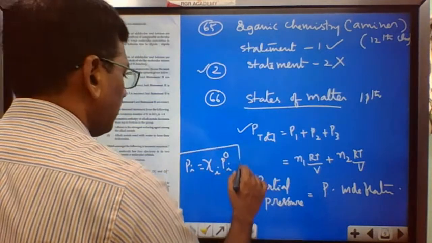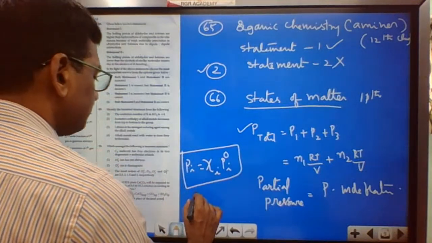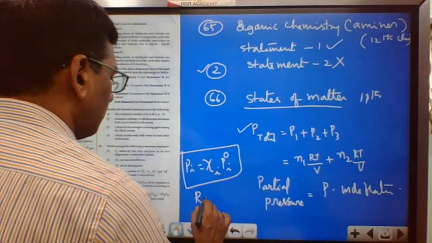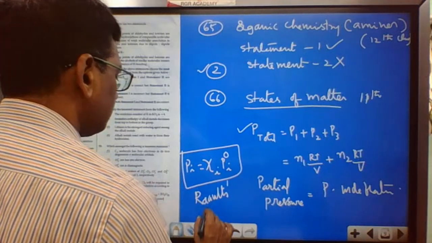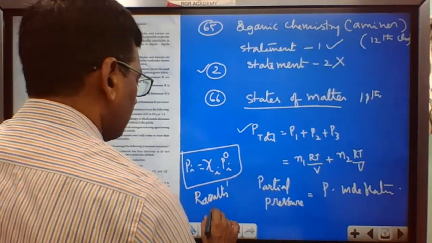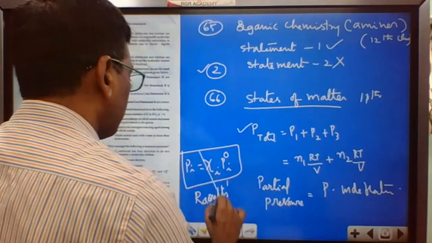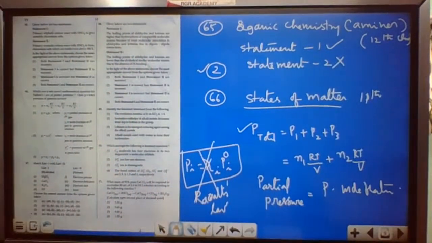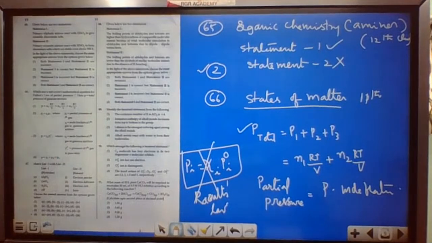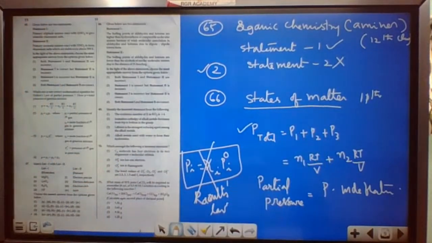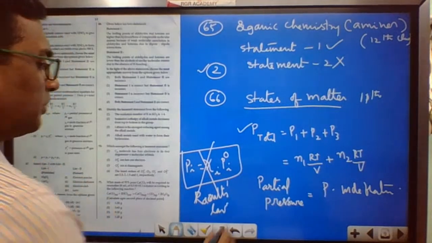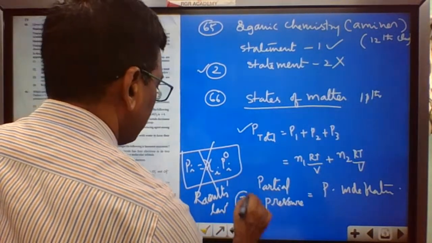This is actually Raoult's law. So this is not a mathematical expression of Dalton's law of partial pressure. And already I told P is equal to P1 plus P2 plus P3. That is also correct. So the third option is the incorrect mathematical expression.